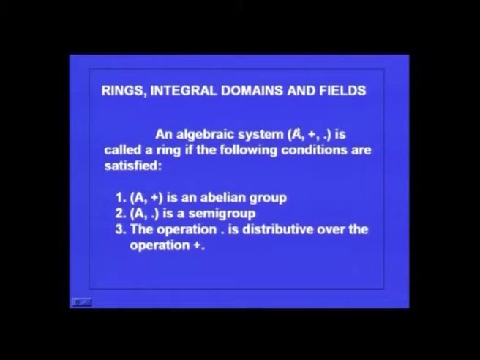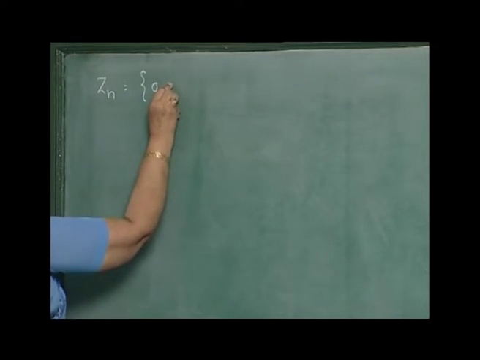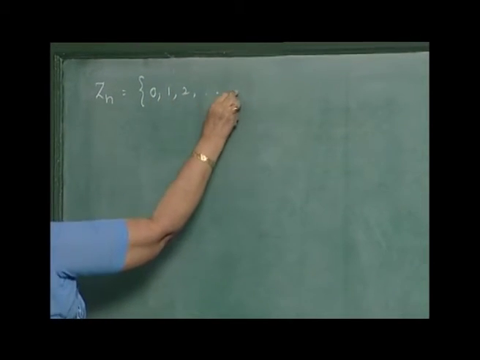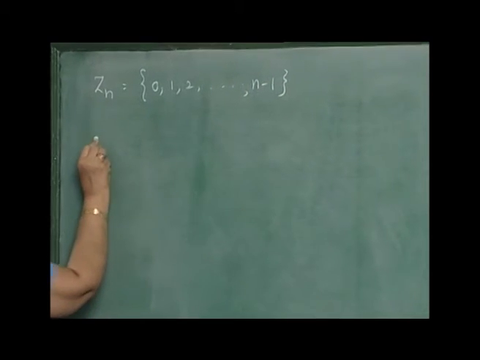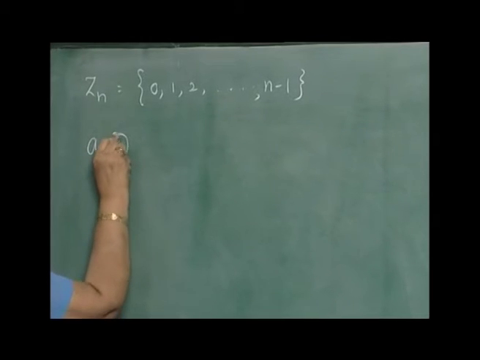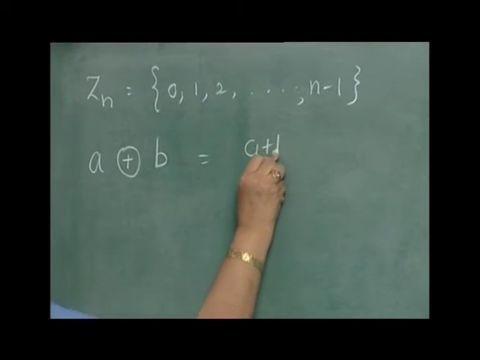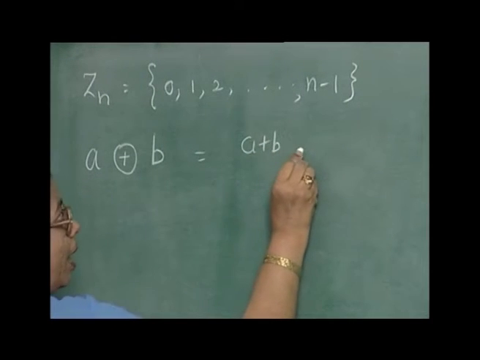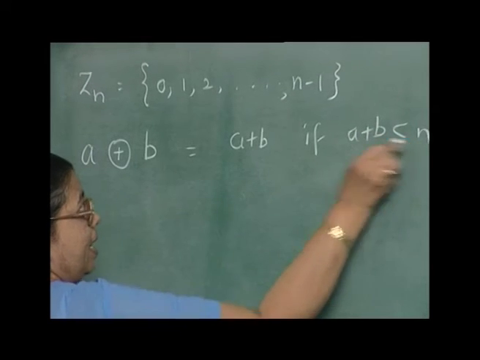An example of that will be, consider Zn, which is integers from 0 to n minus 1, and A plus B mod n addition equals A plus B if A plus B is less than n.